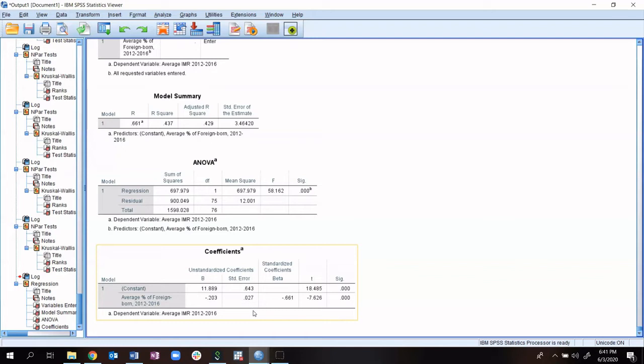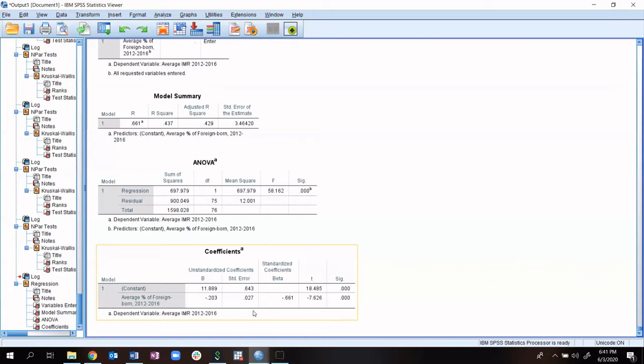So if we could make all the community areas in Chicago have an average percent of foreign-born of 0%, we would expect that the infant mortality rate in these community areas would on average be 11.88 deaths per 1,000 births.